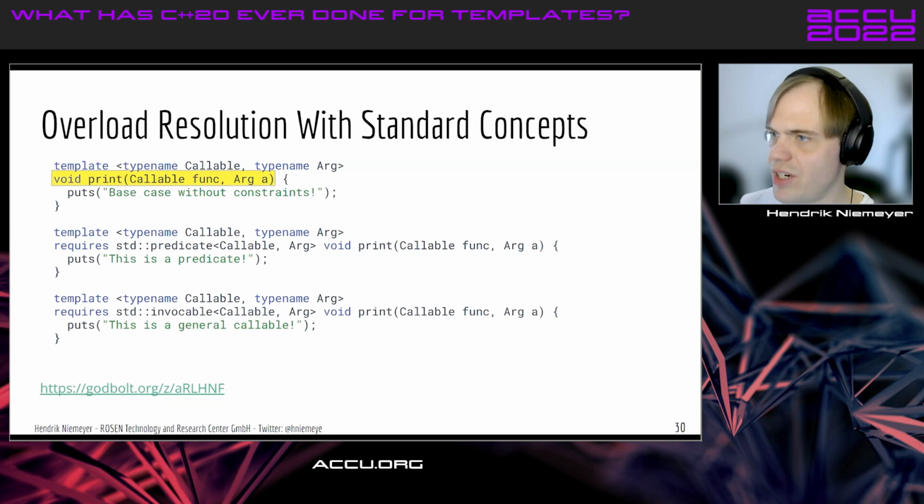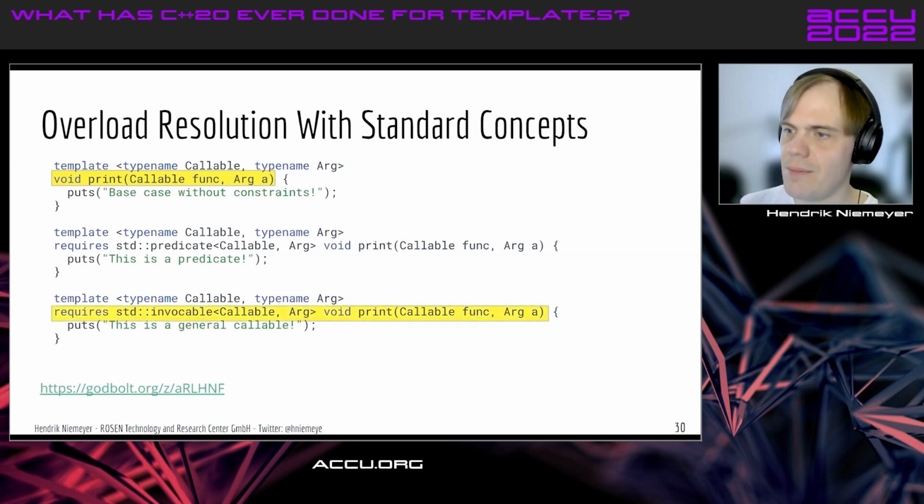We have a print function which gets a template parameter callable and arg, and this is a completely unconstrained function template. And then we have the same function template, but we have a requires clause here, which checks via std invocable that callable is an invocable which can be called with arg.